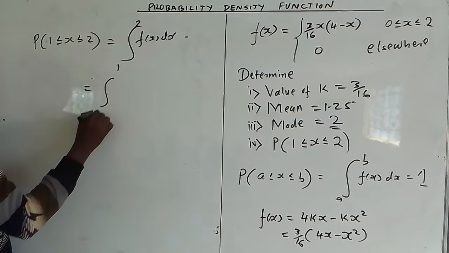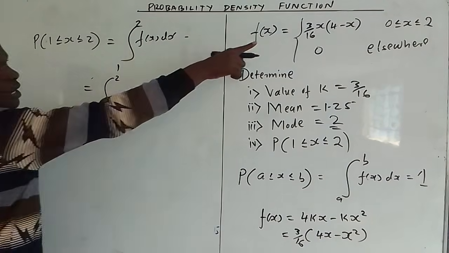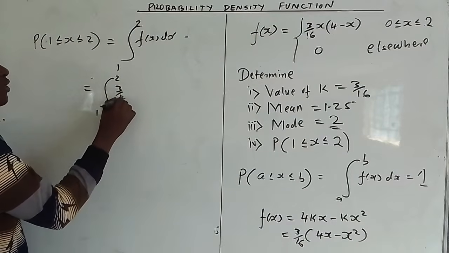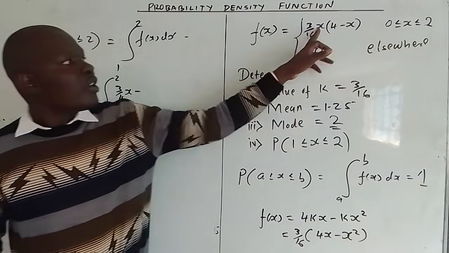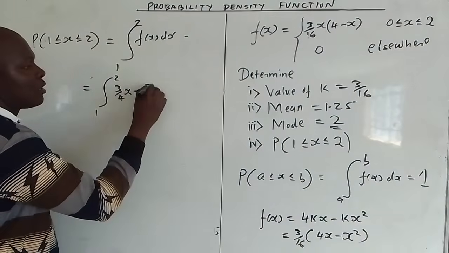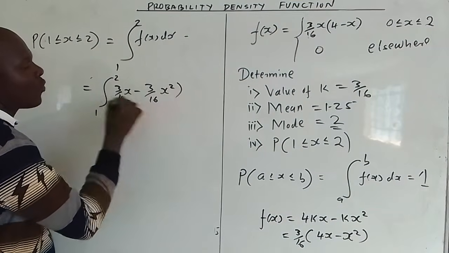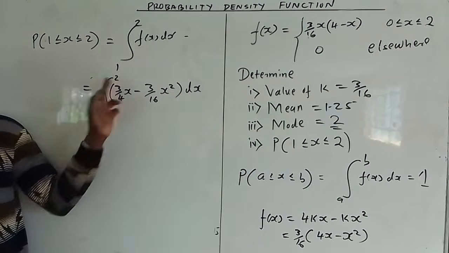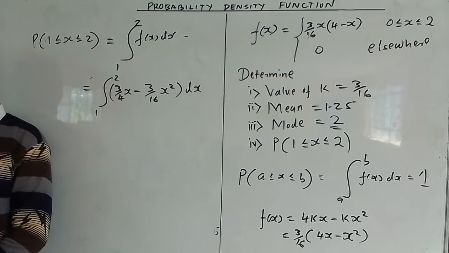Substitute f of x. What is your f of x? It is 3 over 4x minus 3 over 16x squared. So we are integrating the PDF over the interval 1 to 2.